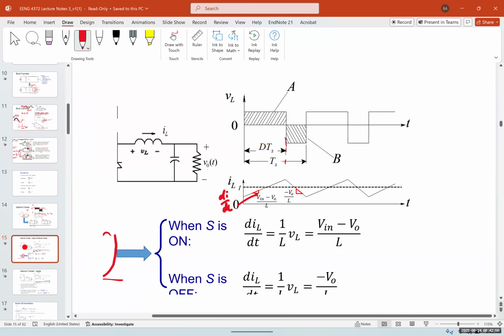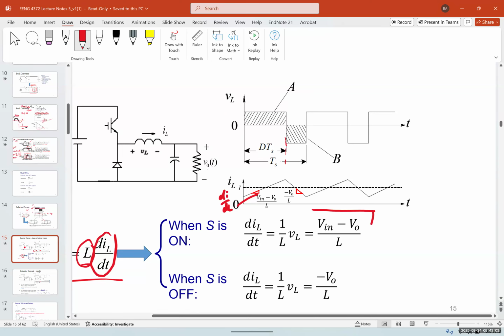Now, this would be 1 over L times VL, which is going to be Vin minus Vout over L. So when the switch is on, di/dt is going to be Vin minus Vout over L. And when the switch is off, again, we have to find the slope here, which is going to be negative Vout over L. So this, again, is when the switch is on and when the switch is off.